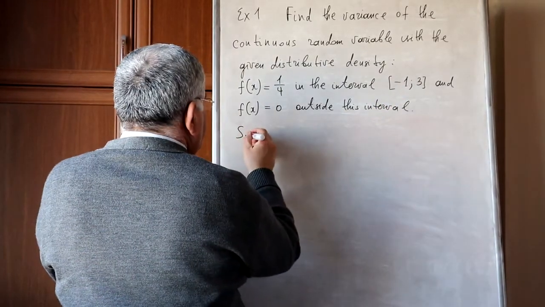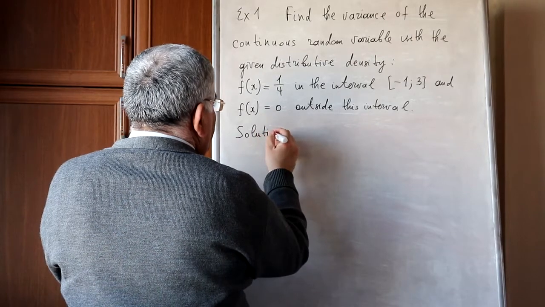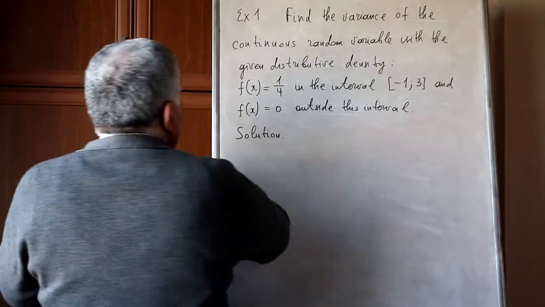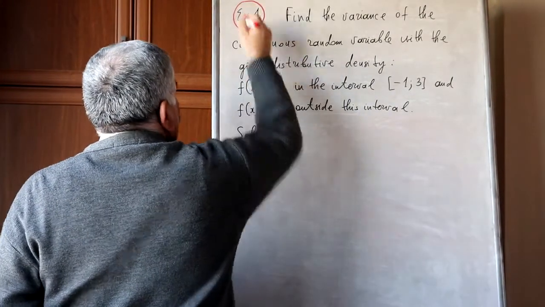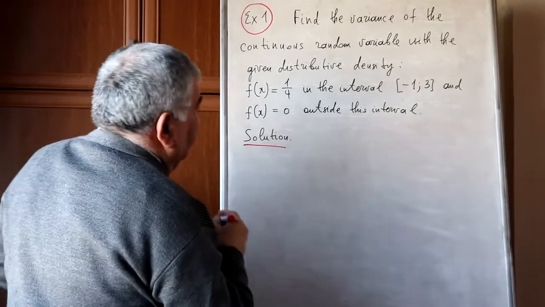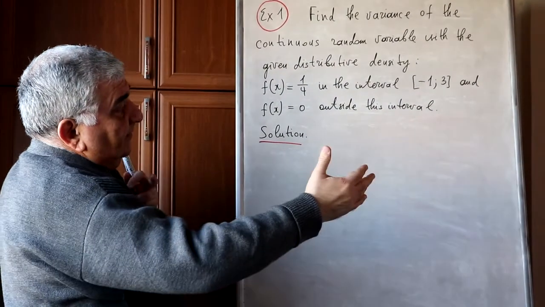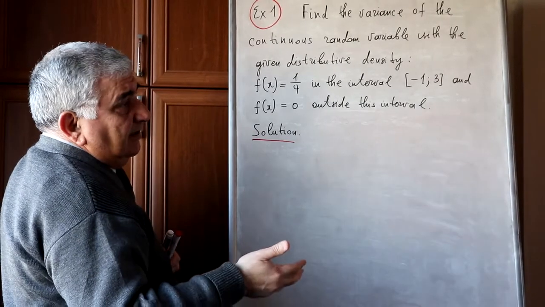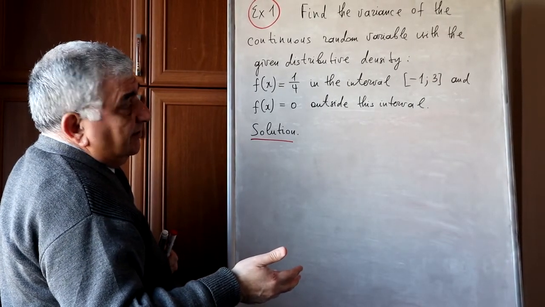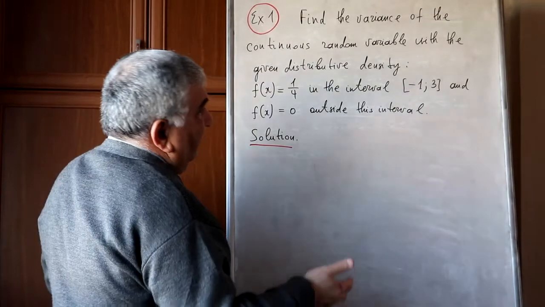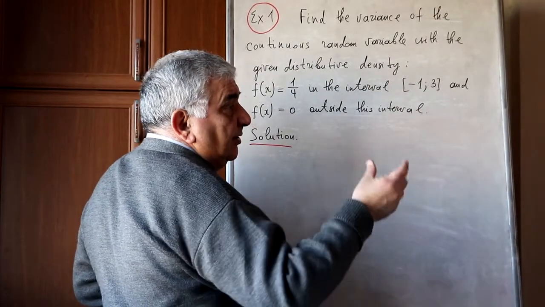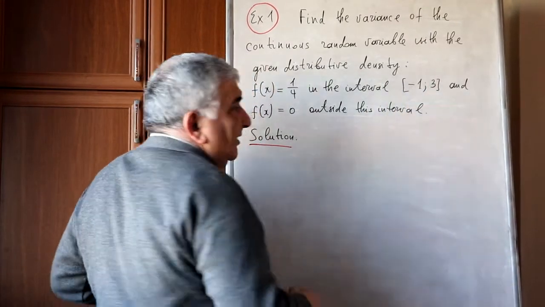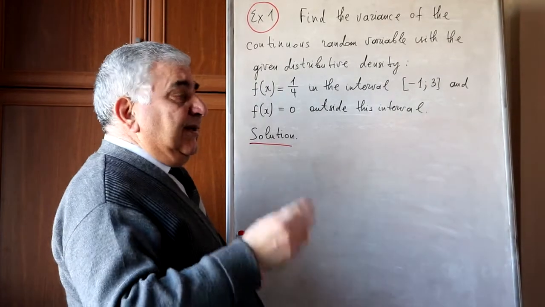Solution. Example 1. The infinite interval from minus infinity to plus infinity is divided into three intervals by the points minus 1 and 3, and therefore we will obtain three intervals.